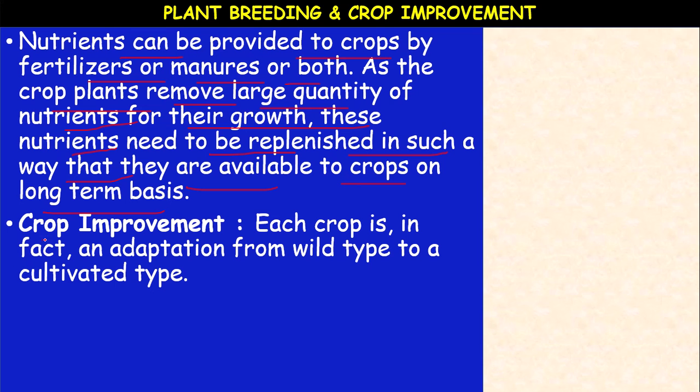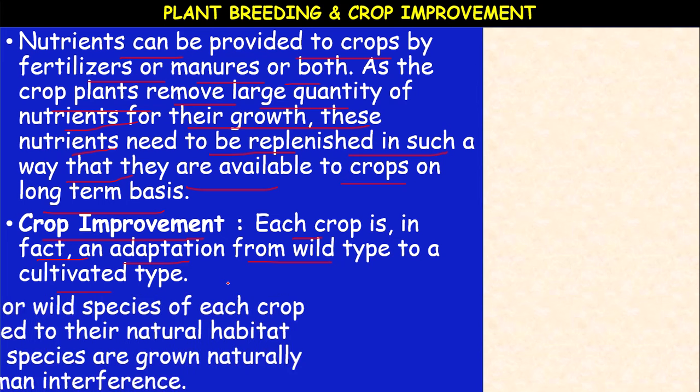So, crop improvement. Now, come to the actual topic, crop improvement. Each crop is in fact an adaptation from wild type to a cultivated type. All the present day crops were, once upon a time, wild.